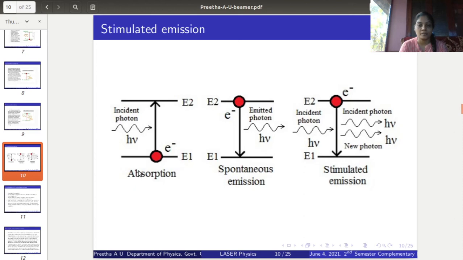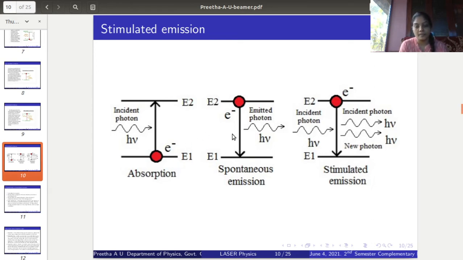We have already explained what population is: the number of atoms per unit volume at a particular energy level. So the population at the ground state will be more compared to the excited state at normal temperature.